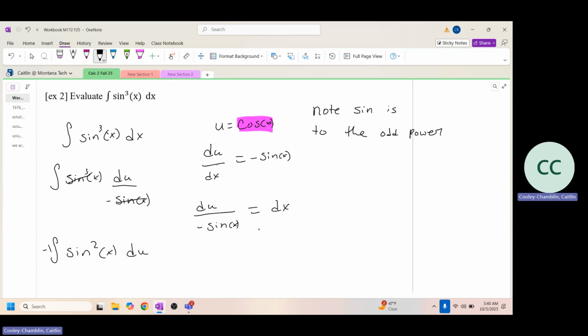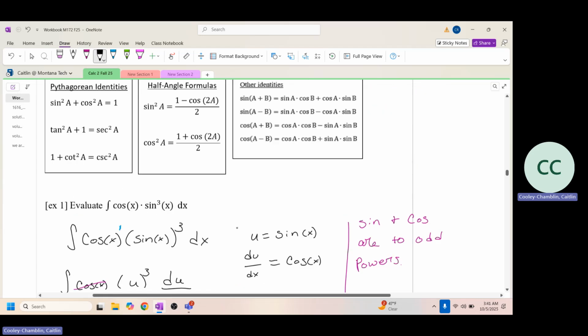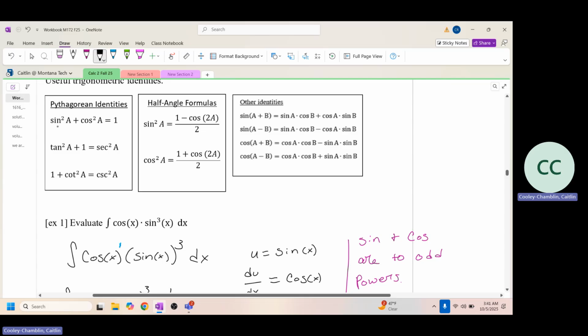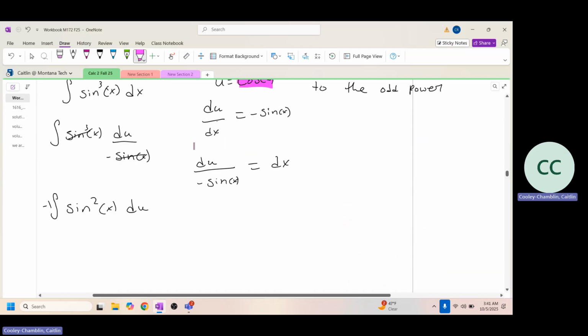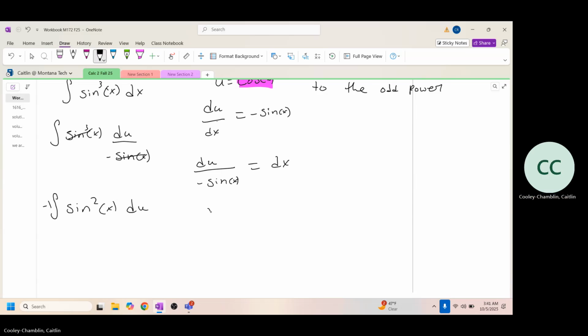What we can do with those even powers, I'm going to go to that first page. As we said, sine squared plus cosine squared equals 1. Because we chose the function with the non-odd power, the original function is now to an even power.